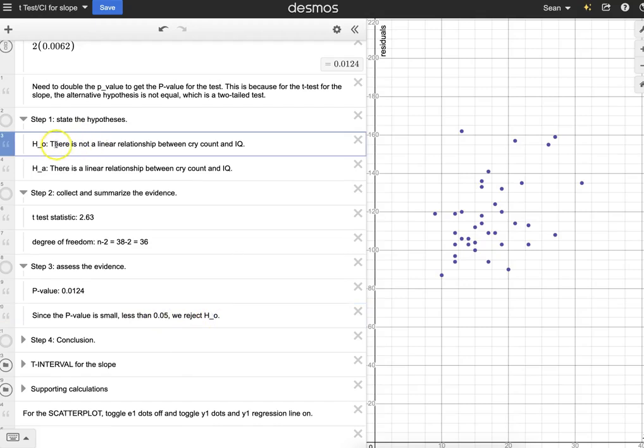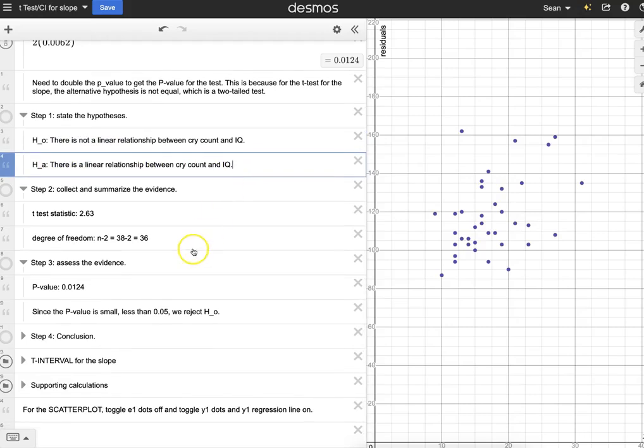If we reject the null hypothesis, then we would conclude that there is a linear relationship between cry count and IQ. The small p-value provides strong evidence that there is a linear relationship between cry count and IQ, and the reason is that the small p-value provides strong evidence against the null hypothesis.